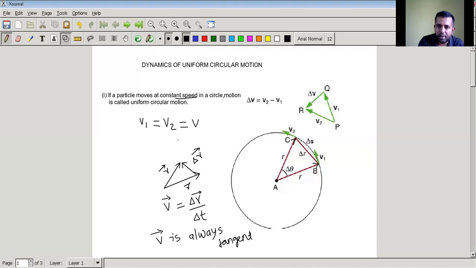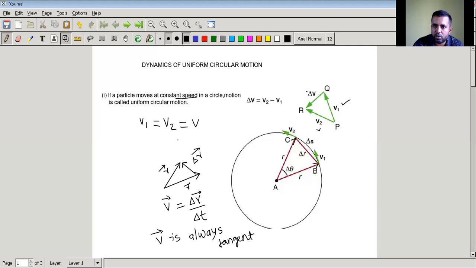Now coming back, let us talk about acceleration. Let us say the velocity is in this direction. We are writing v1 and this is v2, and then we represent them separately. One parallel vector with v1 is this, and the parallel vector with v2 is this. This is the initial velocity, this is the final velocity.